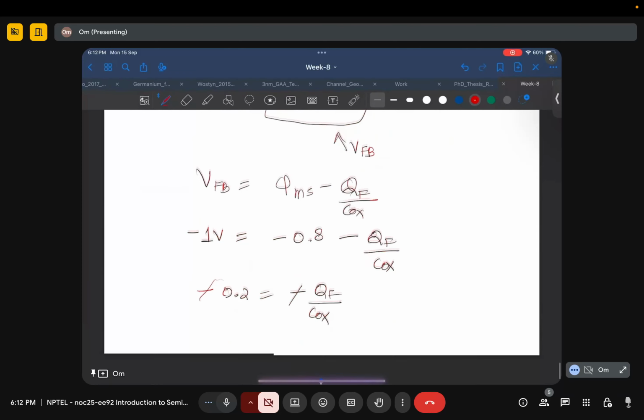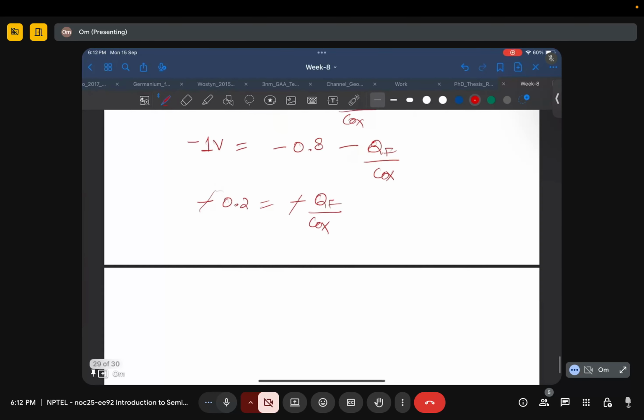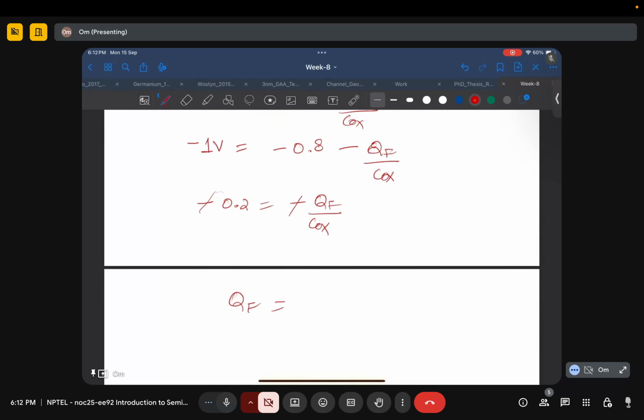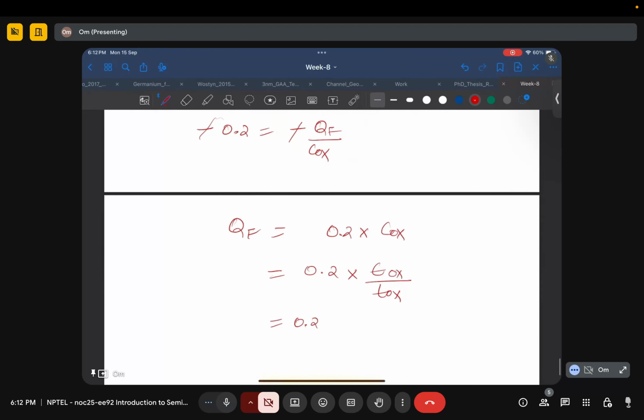So QF we have to find is 0.2 times Cox, which is 0.2 times epsilon ox by Tox, which is 0.2 into 3.9 into 8.854 into 10 to the power minus 14 upon Tox, which is 10 into 10 to the power minus 7 in centimeters.